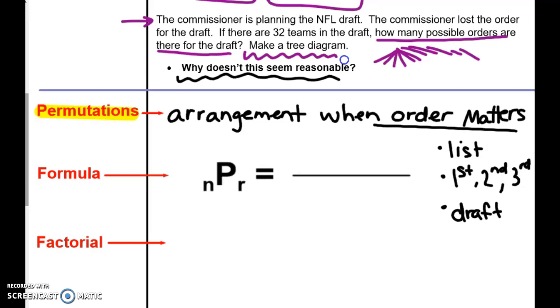The formula for arrangement, or for the permutation, starts out like this. We write nPr. In this formula, the n stands for the total number of items, and the r stands for how many you choose.